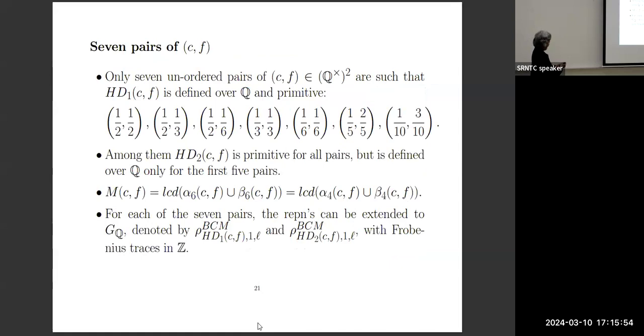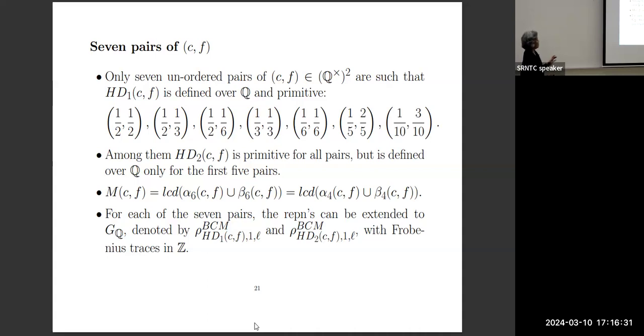So then we can go further on the data H1 and H2 that we have chosen. We notice that if C and F are one of the following 7 pairs, then H1 will also be defined over Q. It's primitive and also defined over Q. And H2 is primitive, but it's defined over Q only for the first 5 pairs.